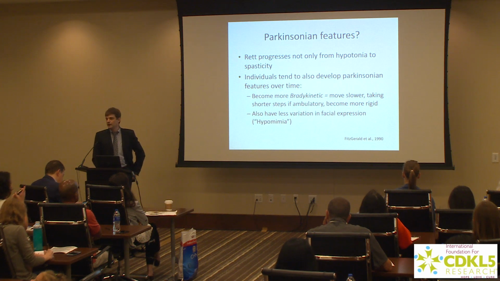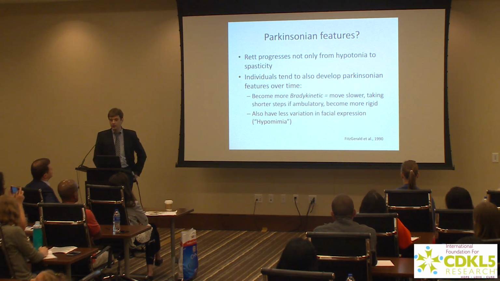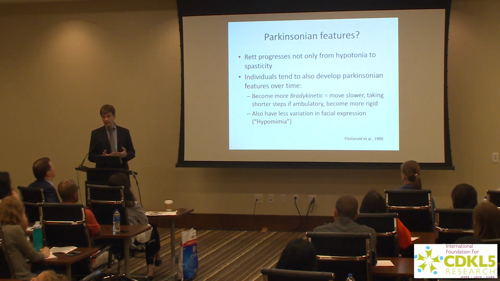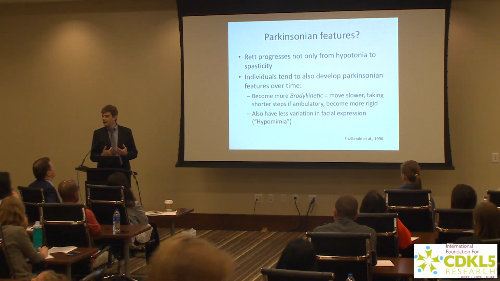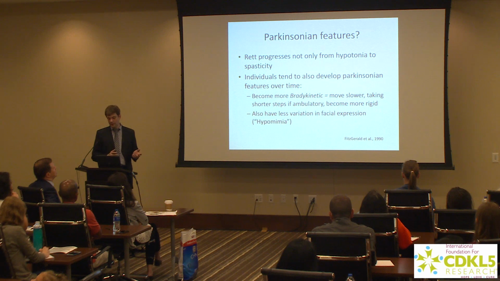What about the famous Parkinsonian features? So girls with Rett syndrome progress not only from a state of very low tone at birth to a state of increased tone and spasticity over lifetime, tendentially, but they also develop Parkinsonian features.